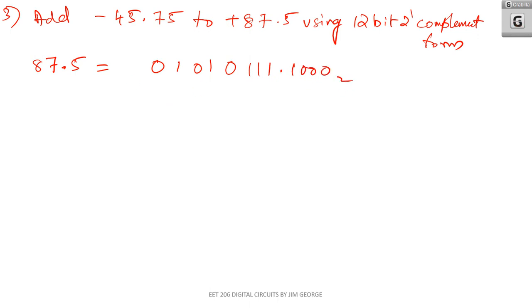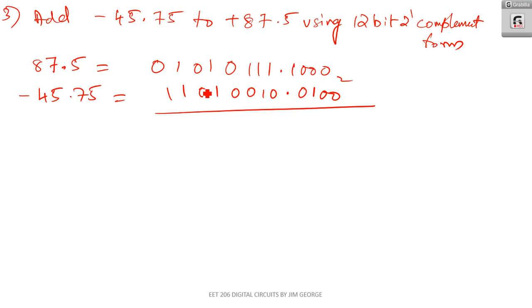Again, if you are taking the 2's complement form of minus 45.75, it will be 1101 0 0 1 0 0 1 0 0 1 0 .0 1 00.